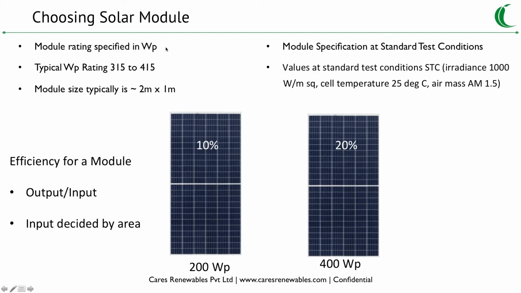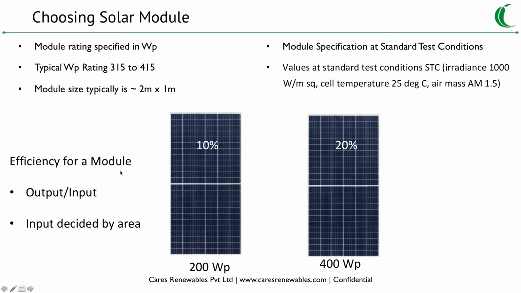So that's why whenever we talk of module rating, we talk in terms of watt peak, not in terms of wattage. Now, all module specification is typically done at standard test conditions. So it's at an irradiance of 1000 watt per meter square, cell temperature of 25 degrees Celsius, and at an air mass of 1.5. So this is the STC condition.